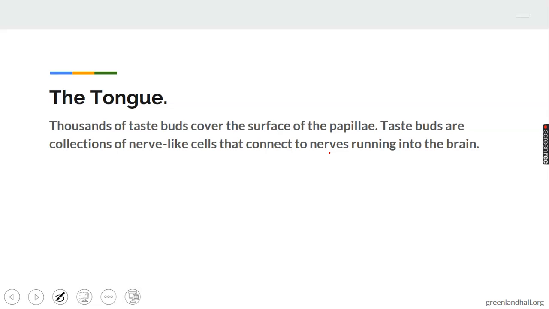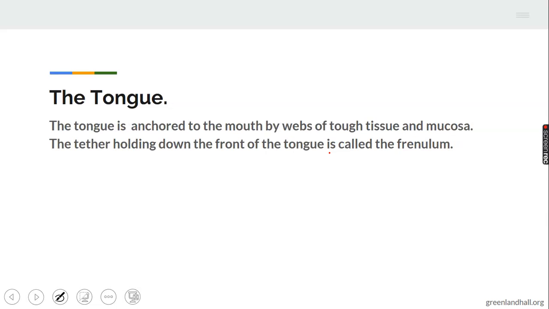When you taste something, it sends a message to your brain. You taste something, oh, this is sweet. Oh, I love this. I want to taste more. These taste buds are collections of nerve-like cells, and they connect the nerves to the brain.